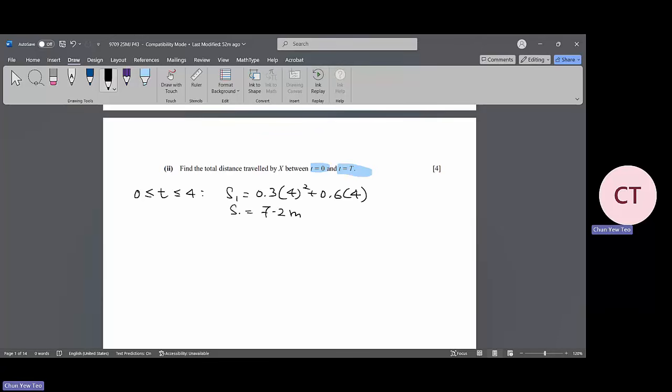That is your S1. Then for t greater than 4, that means between 4 to 16, we have S2. For S2, we can integrate from 4 to 16.